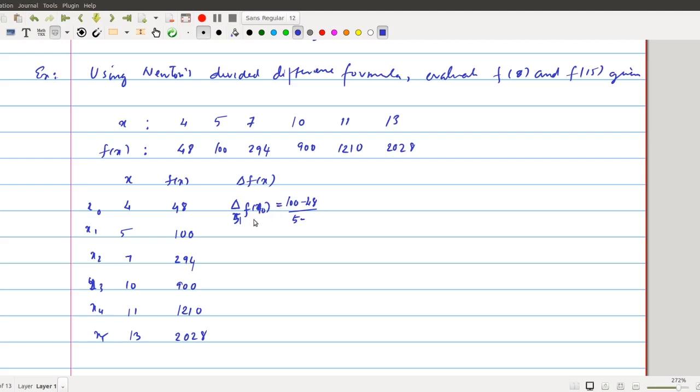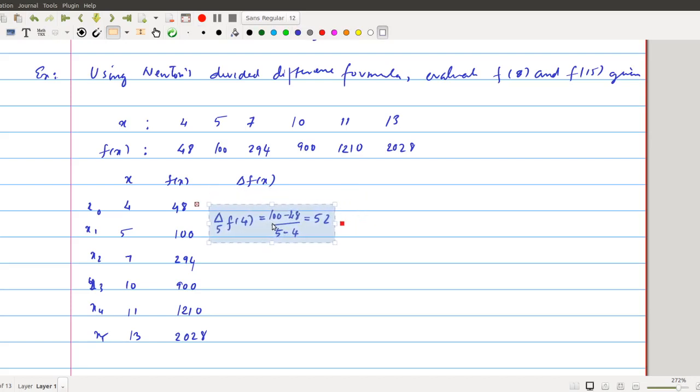So you can write it as delta 5 4 of f, that is x1 minus x0, and the value here is 52.